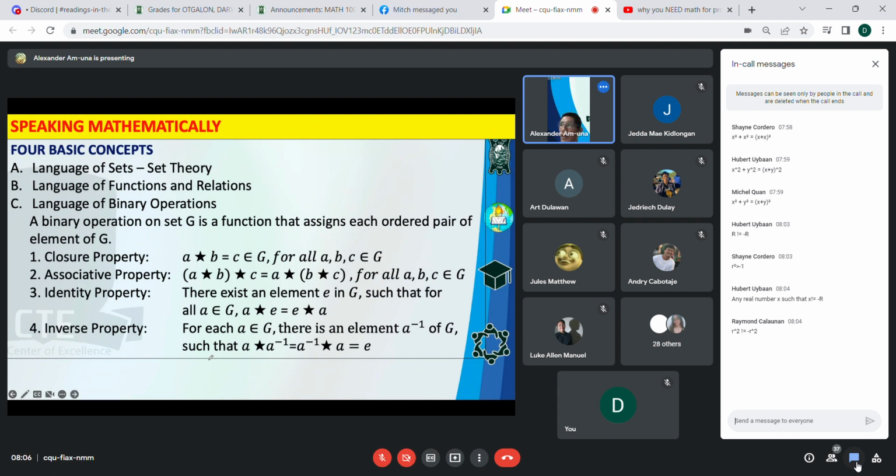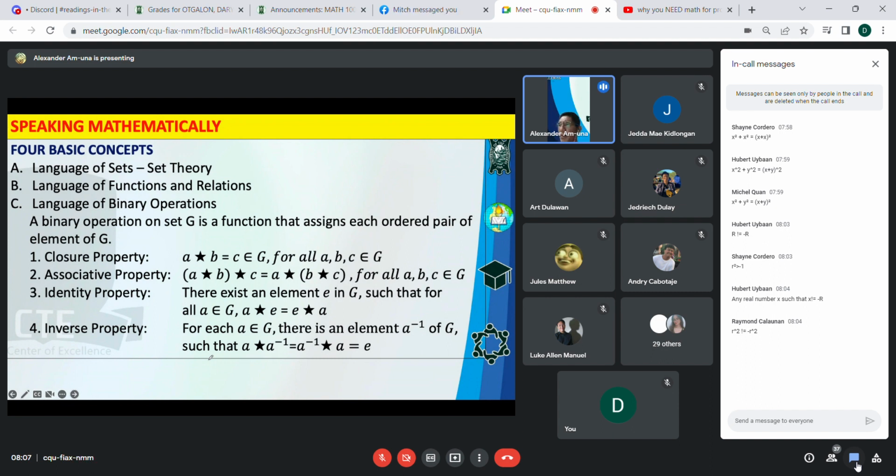So set theory is one of the basic concepts in the mathematical language. The other one is the discussion on functions and relations, which is actually in your module already. And then it says there 4 basic because we have sets, functions, relations, and then binary operations.